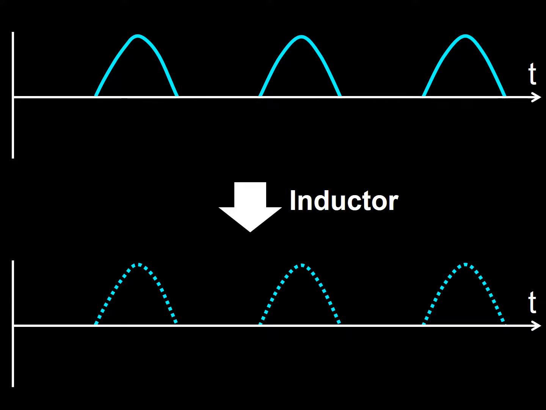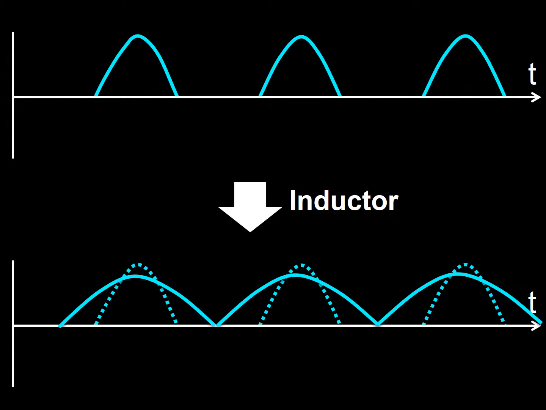In the top segment of this frame, I have used solid lines to indicate the result of using a diode on alternating current. In the bottom, I have made the same representation with dashed lines to show you how an inductor transforms the waves into a straight line.